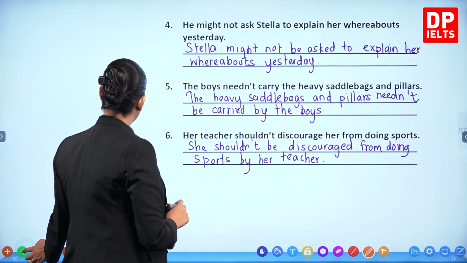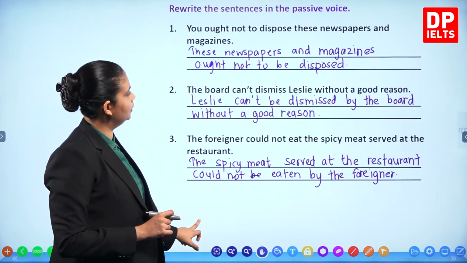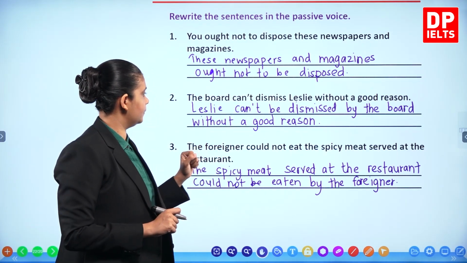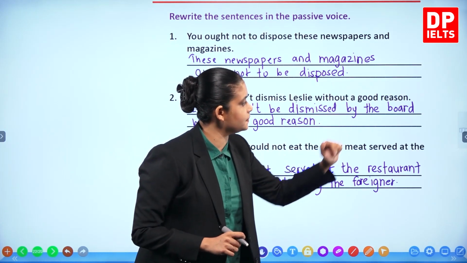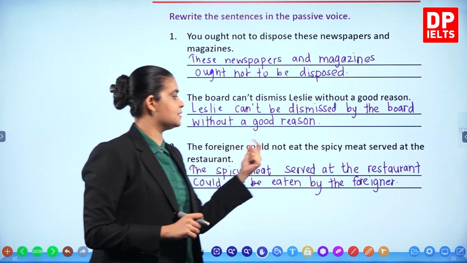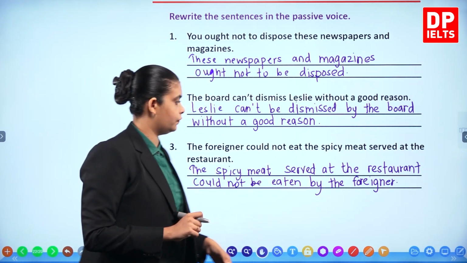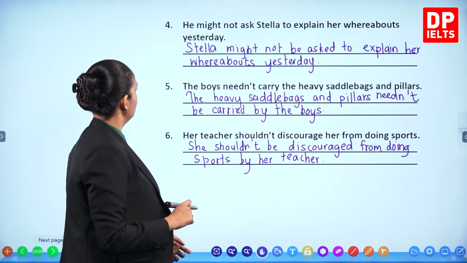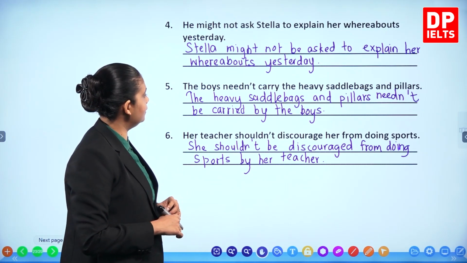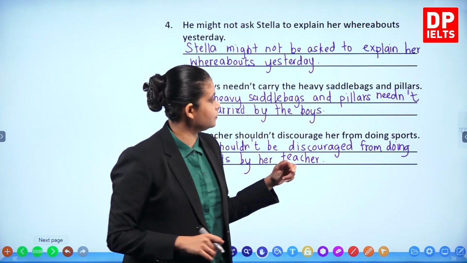So, we have had a look at all 6 sentences, right? These newspapers and magazines ought not to be disposed. Leslie can't be dismissed by the board without a good reason. The spicy meat served at the restaurant could not be eaten by the foreigner. Stella might not be asked to explain. Here, carried by the boys, right?